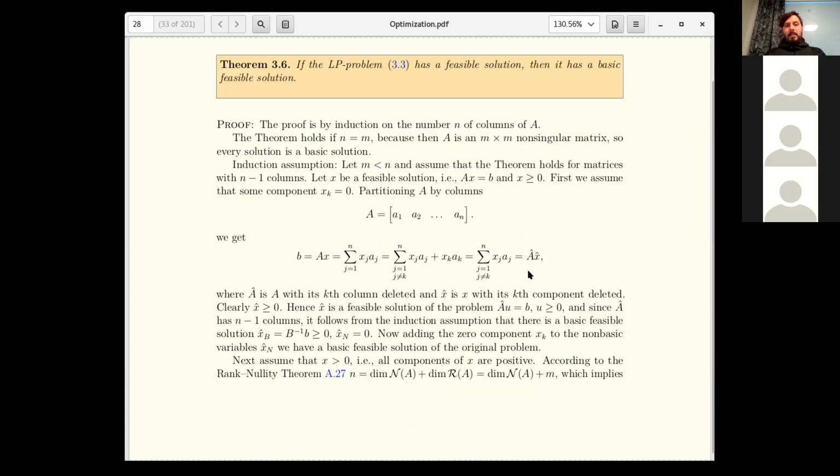So let's now assume that Ax equals b and all the components of x are positive. Well, the thing here is the so-called rank-nullity theorem; you need a little bit of matrix algebra. Basically there is what is called a null space.